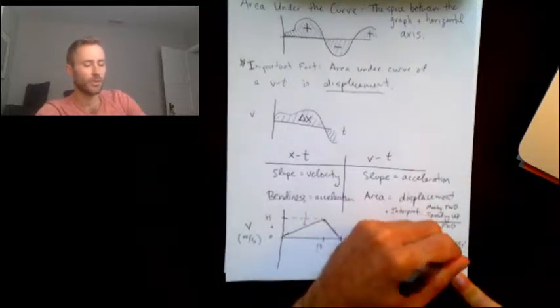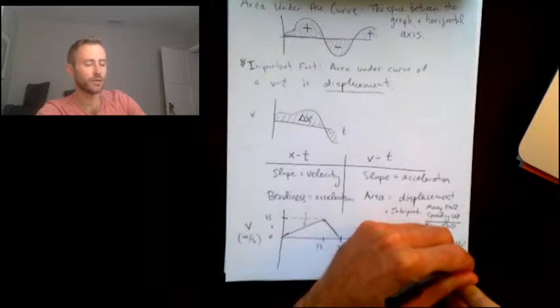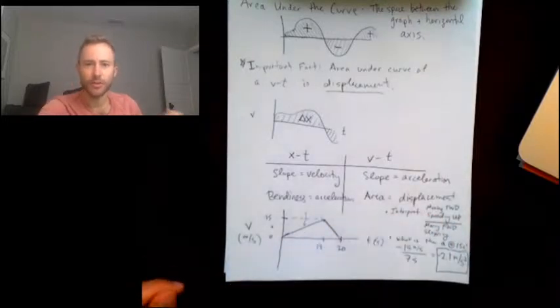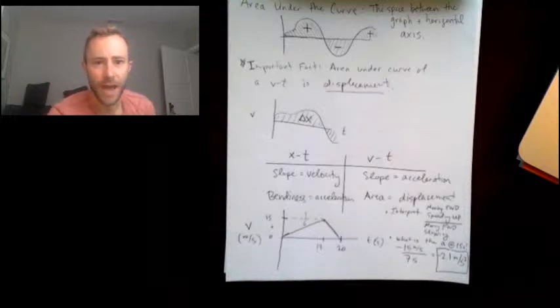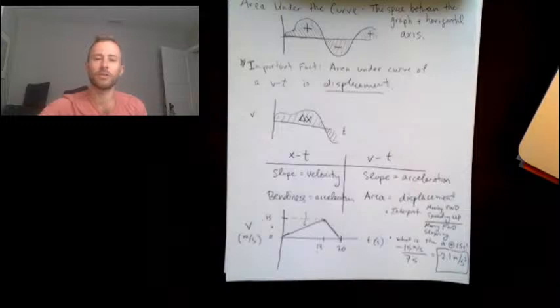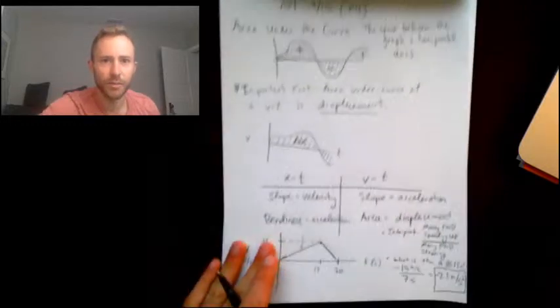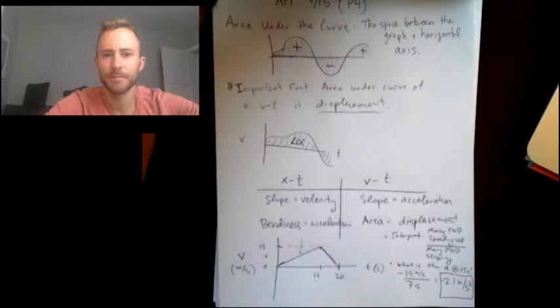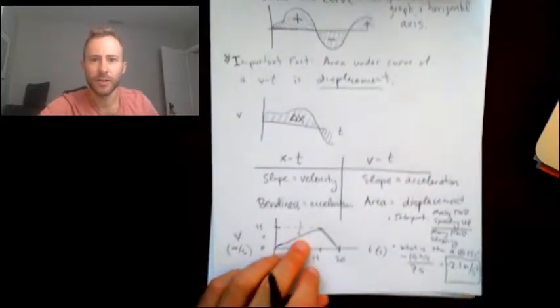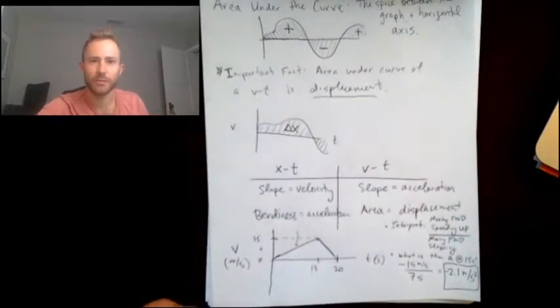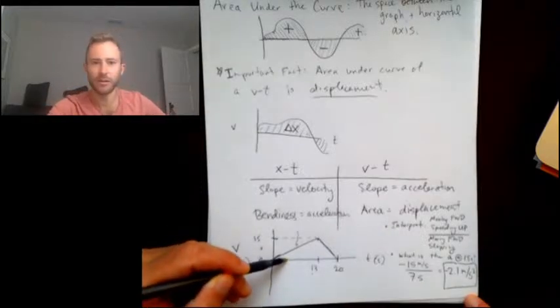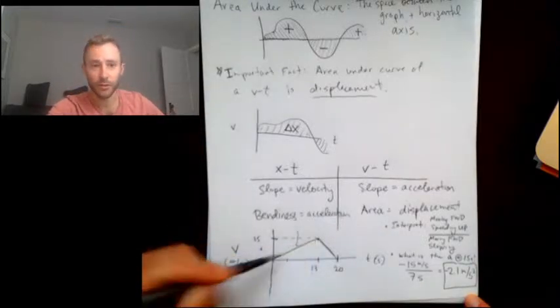Negative 2.1 meters per second squared. That is the acceleration at 15 seconds, okay? If I said calculate the acceleration at, for example, let's zoom in a little bit, 3 seconds, 3 seconds is right here, which corresponds to the first line segment, okay?